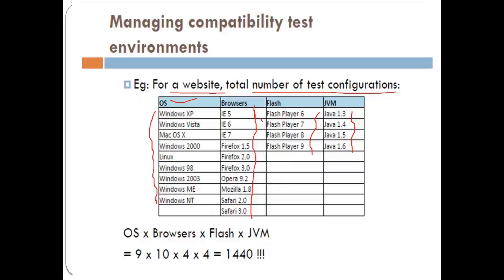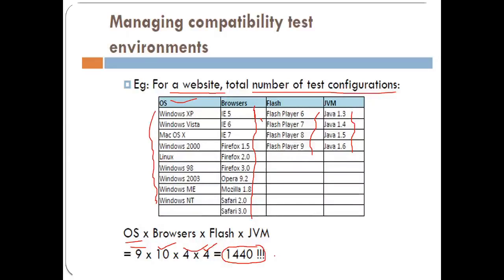If you consider all of them, there are a total of 9 operating systems, 10 browsers, Flash players and Java Virtual Machine. If you multiply these all, you need to design 1440 test cases, and conduct the test 1440 times, which may not be possible.